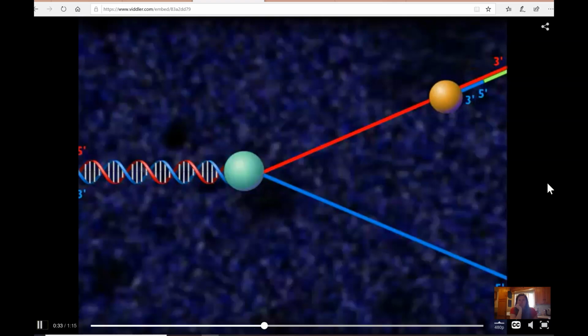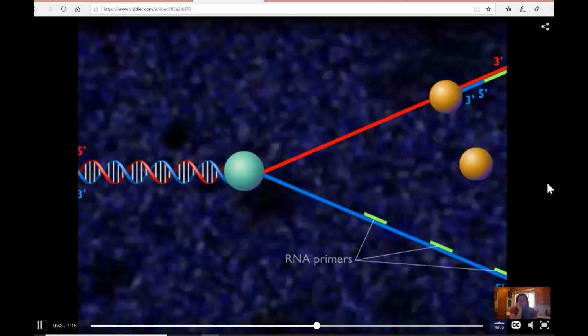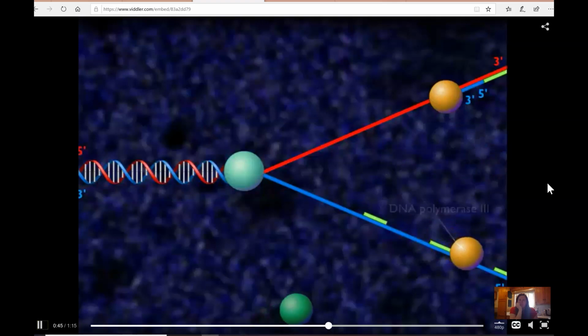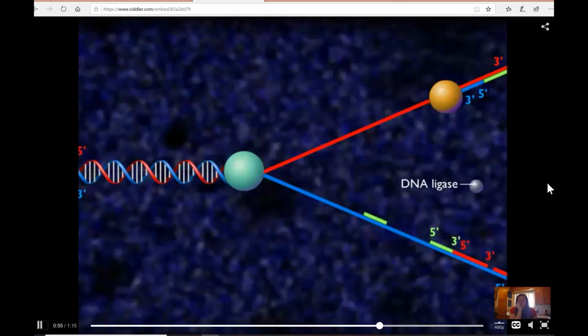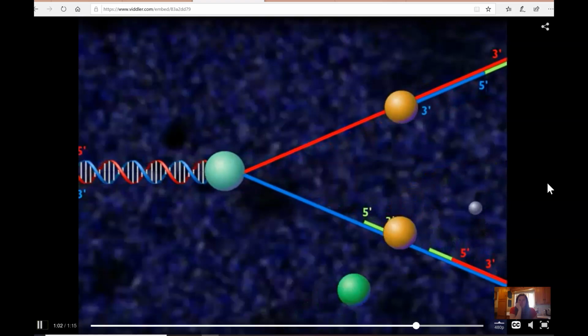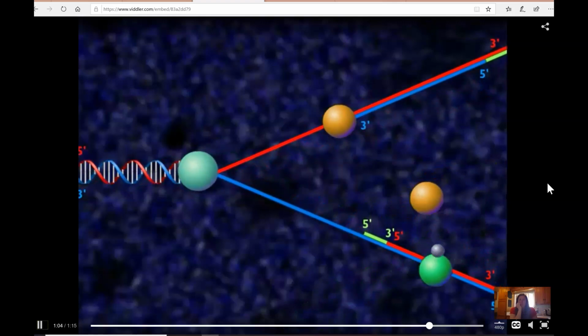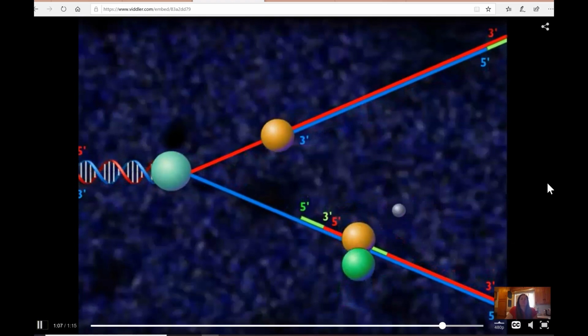Synthesis of the other strand of DNA is more complex. To provide a free 3' starting point on this strand, several short primers must be added. DNA polymerase then adds nucleotides to the 3' end of the primers. Finally, the enzyme, DNA ligase, forms a bond between the short DNA strands. During DNA replication, the leading and lagging strands are continuously synthesized.